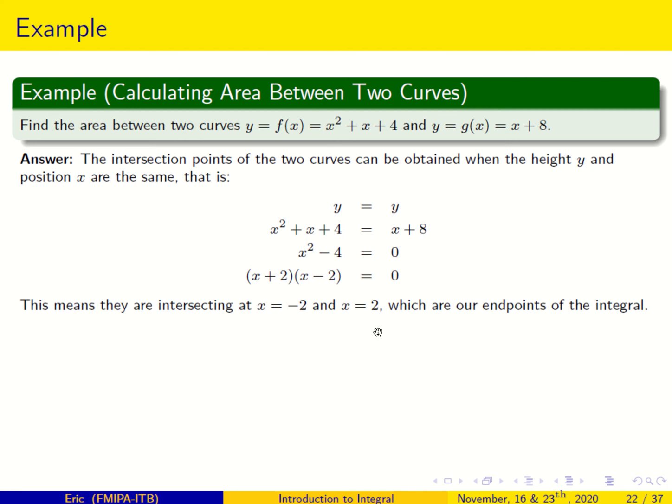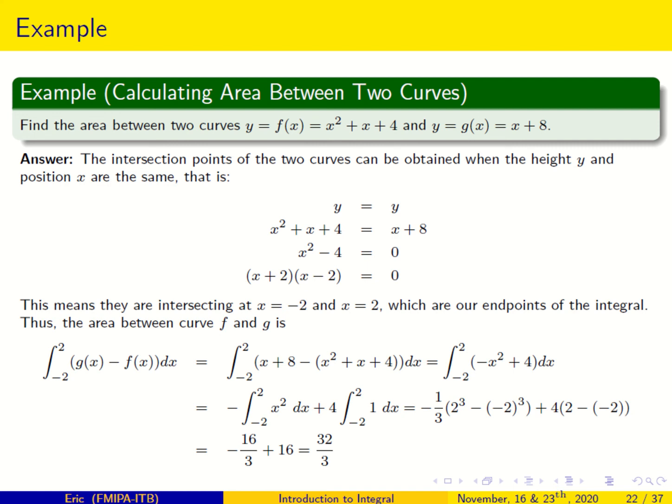So the area between the curves is given by the integral of g(x) minus f(x) dx from minus 2 to 2. Don't forget the minus applies to all of this.